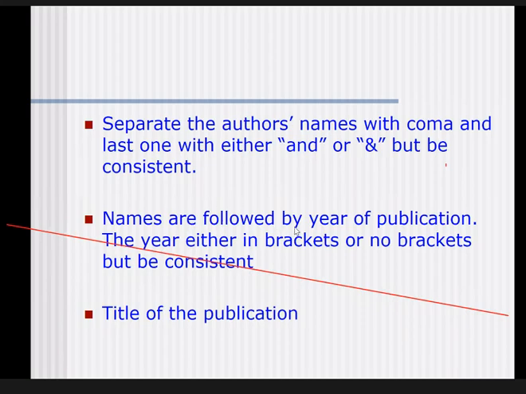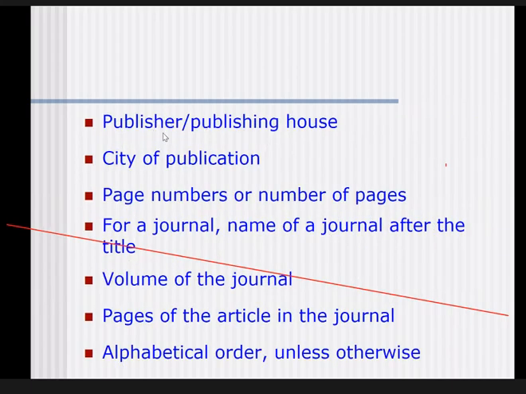You add the year of publication after the name, and then you can put the year in bracket or no bracket, but be consistent. Then add the title of the publication, the publishing house, the city of publication, and the page numbers or number of pages. For a journal, you indicate the name of the journal after the title, the volume of the journal, and the pages of the article in the journal.